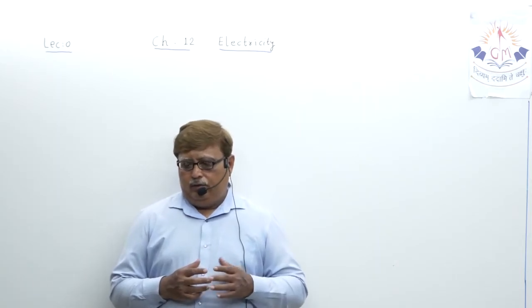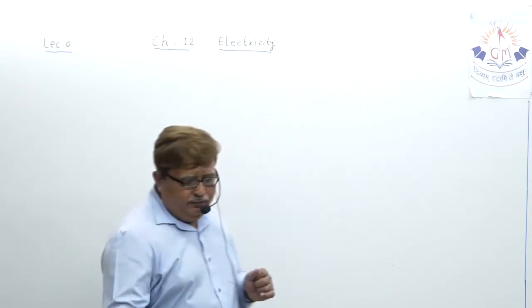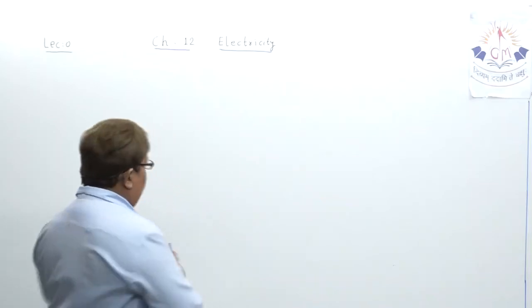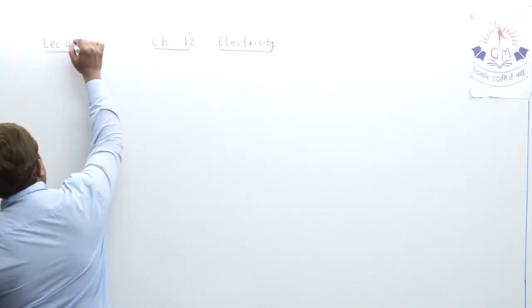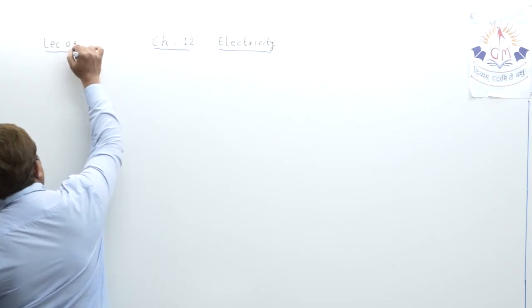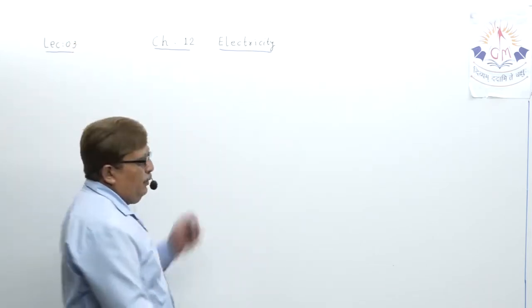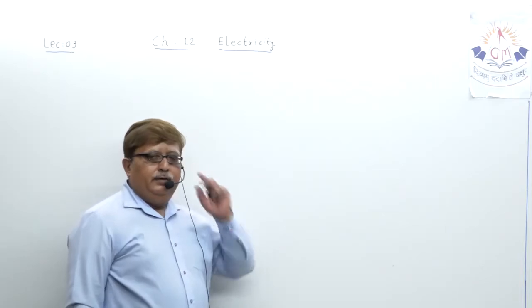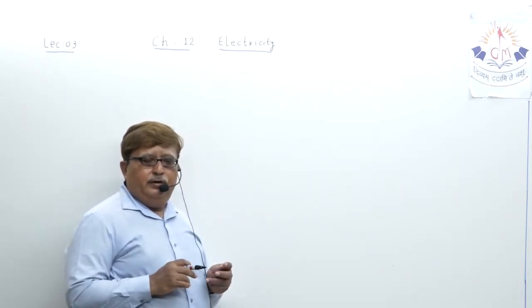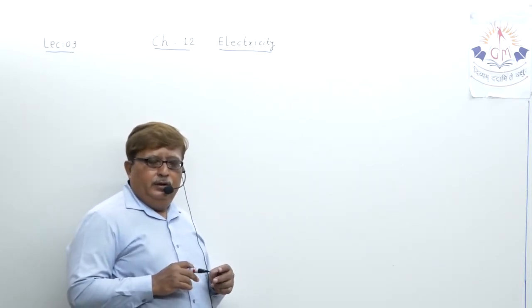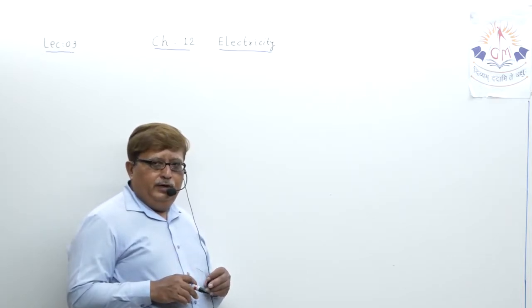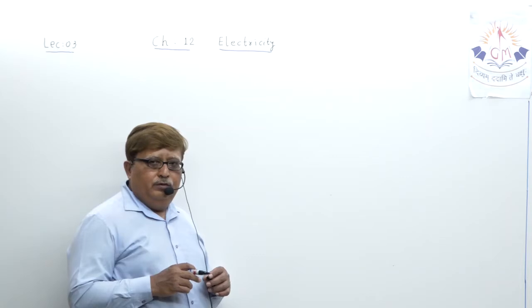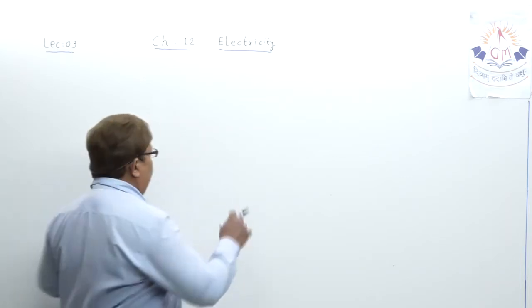But before we understand this topic, my dear student, keep in mind that in chapter 12, you are attending today lecture number 3. And the topic which we are targeting today, as per textbook, is 12.5, factors on which resistance depends.